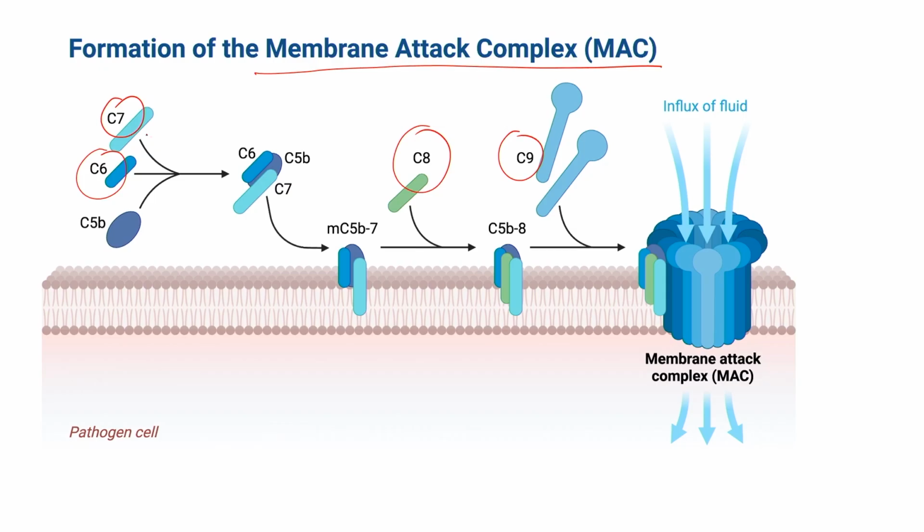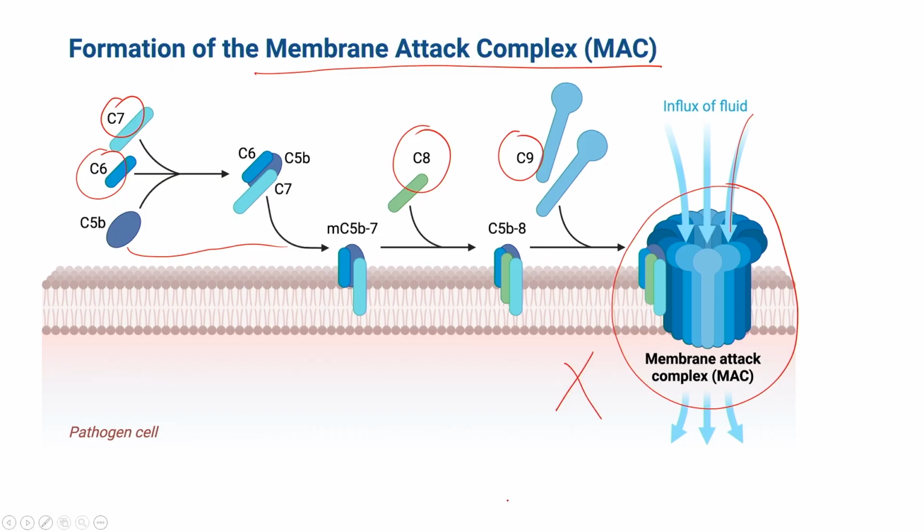Collectively, C6, 7, 8 and 9 come into contact with C5b and make a specific channel on the microbial surface. Because of this channel, there is a leakage of the content, because there is an influx of fluid inside the microbial cell, and ultimately this can lead to damage of the pathogenic cell.